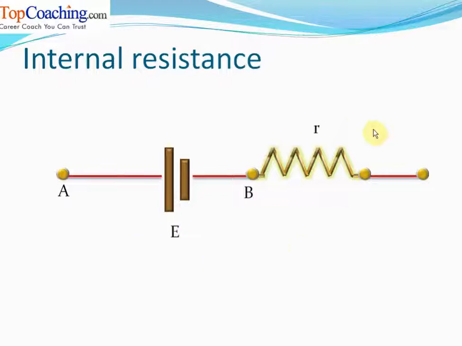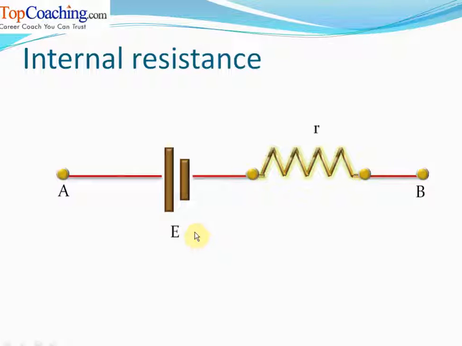And the net potential difference between the terminals of the battery is VA minus VB, the potential difference between the points A and B, not just E. And as I just said, this resistance is because of the resistance inside the solution of the battery to the flow of ions inside the battery. The term E here is electromotive force. It is the ideal potential difference that should have been created in the battery had there been no resistance offered to the flow of ions.